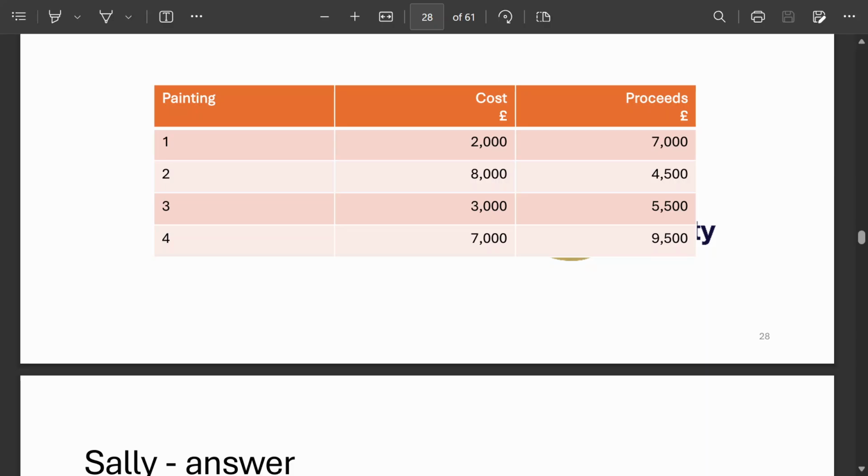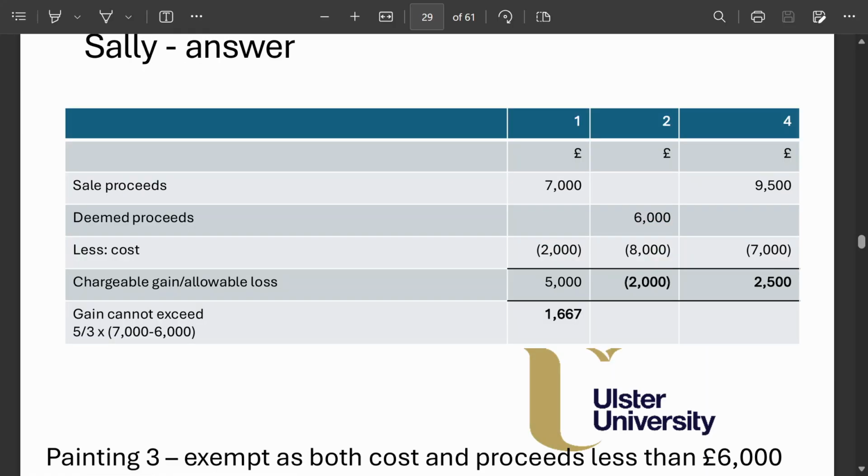Number 4 is what? He bought it for 7,000, which means it's in the second column, which is more than 6,000 cost. And it sold it for 9,500, which means it's in the second row because the sale proceeds are more than 6,000. So we have a normal calculation here, which is 9.5 minus 7. 9.5 is sale, this is 2.5.